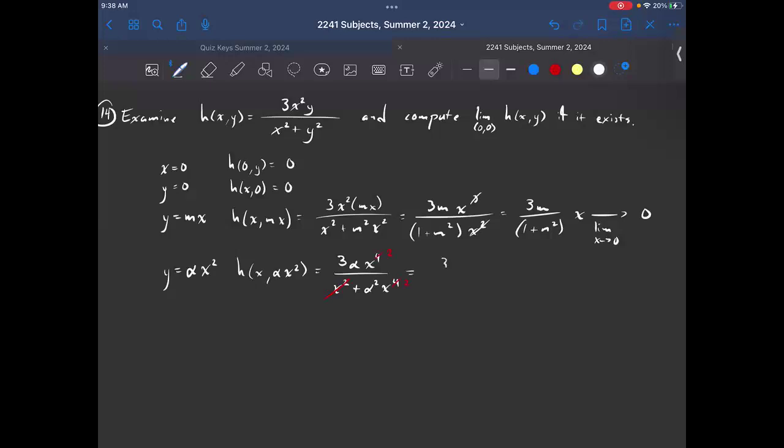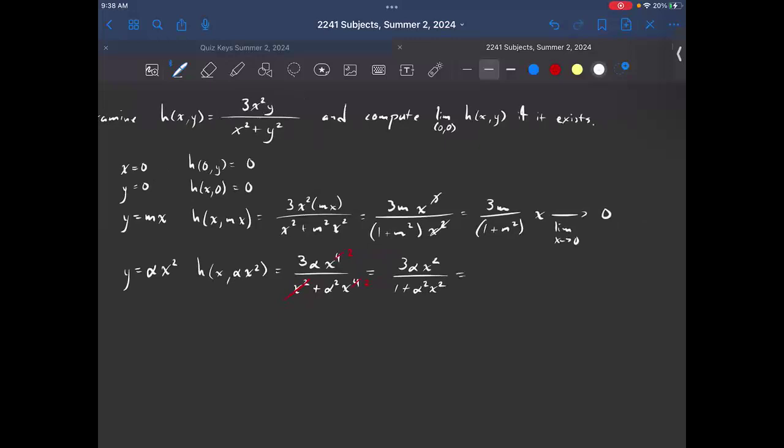And then I'll get 3 alpha x squared over 1 plus alpha squared x squared. And that is easier to look at if I divide the top and bottom by x squared. So I have 1 over x squared plus alpha squared.